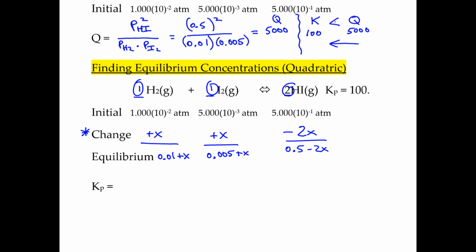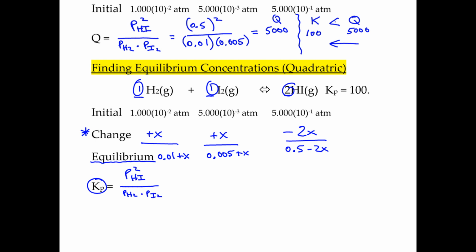So whenever you have equilibrium, that's when you can put it into the equilibrium expression. So let's review again what this expression is going to be. It's going to be the pressure of HI squared over the pressure of H2 times the pressure of I2.